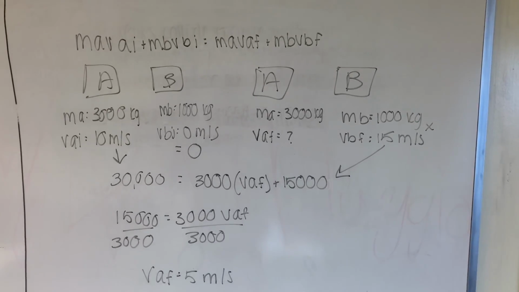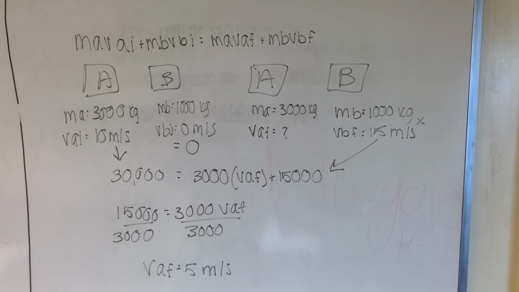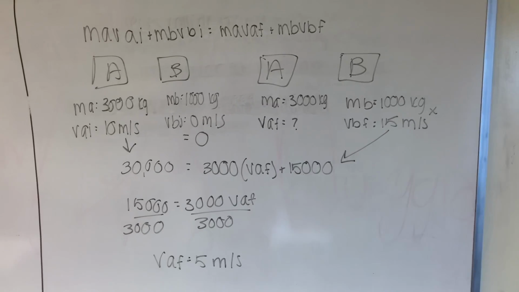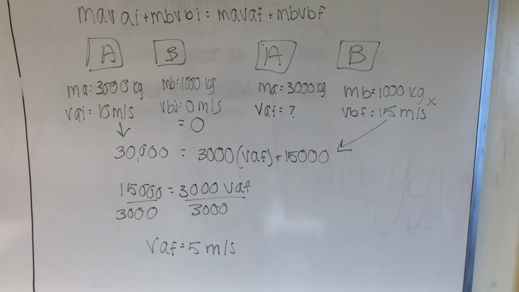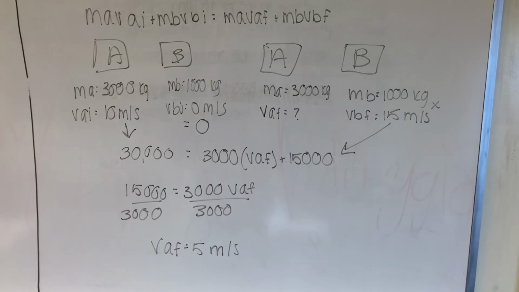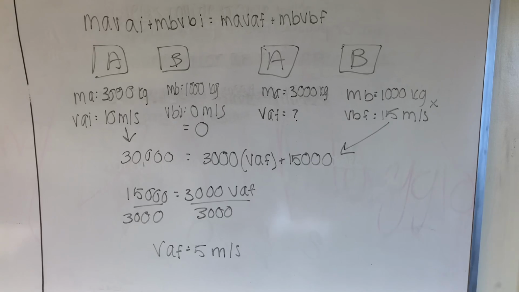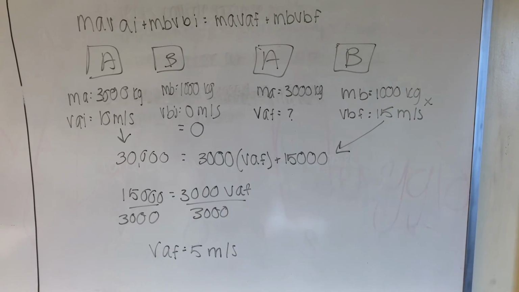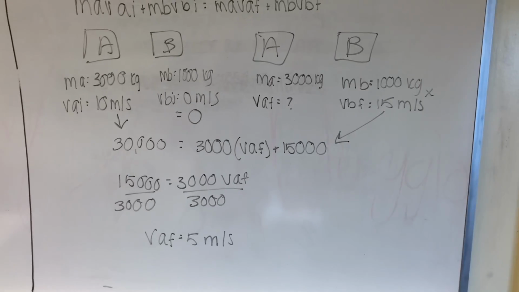So we're going to use the equation mA vAi plus mB vBi equals mA vAf plus mB vBf. We know that the mass of object A is 3,000 kilograms, and the initial velocity is 10 meters per second. The mass of object B is 1,000 kilograms, the initial velocity is 0 meters per second, and the final velocity is 15.